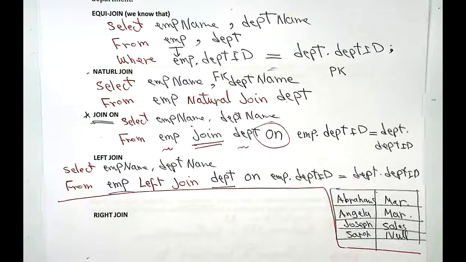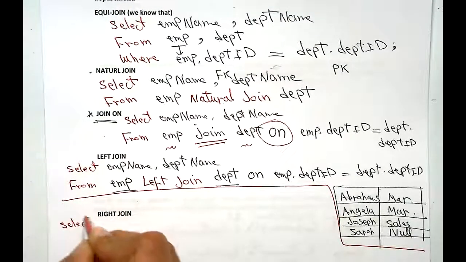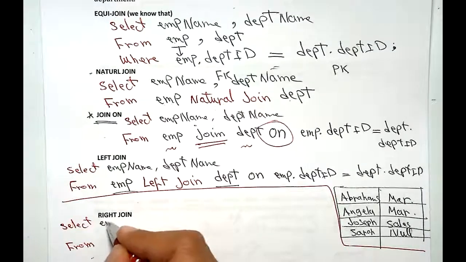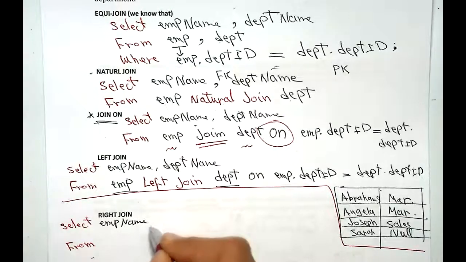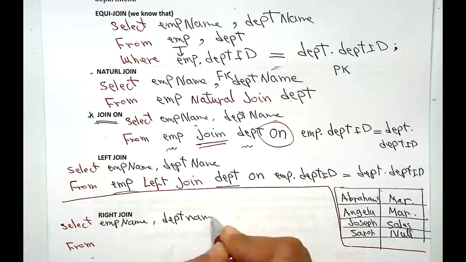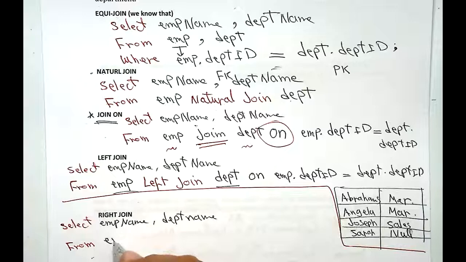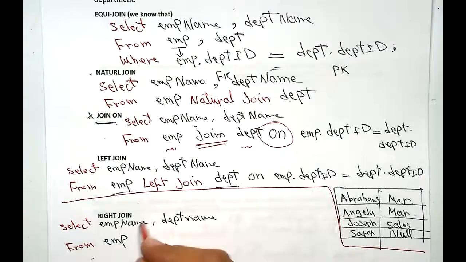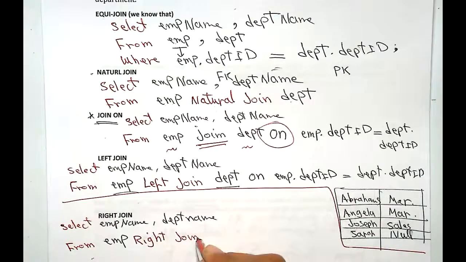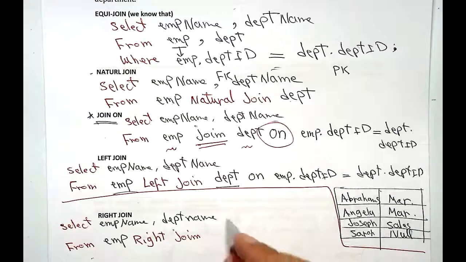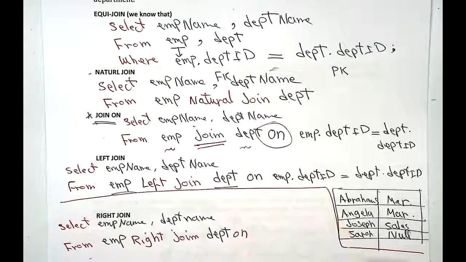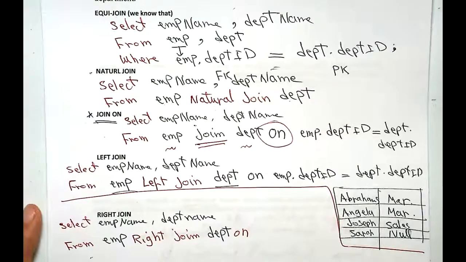Regarding right join, I will have select from. So I'm going to select emp name and dept name from emp and right join the table department on, and then I put the primary key foreign key.